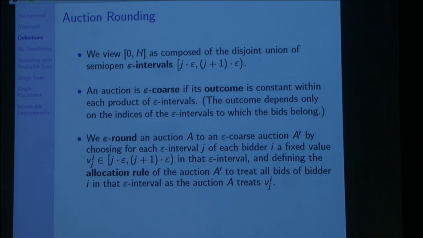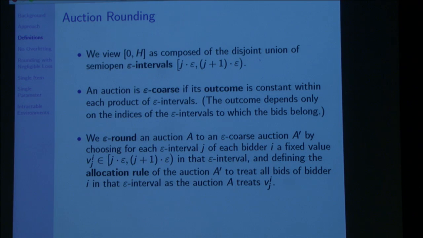I replace that bid with his representative for that interval, which may be 2 and 3/4 epsilon, maybe. And same for Avishai, etc. And then I turn to the auction A, and I run the auction A on these representative bids, and that tells me who wins. Now, I would have liked to also have the auction A tell me how much the person who won paid, but that would not be truthful.